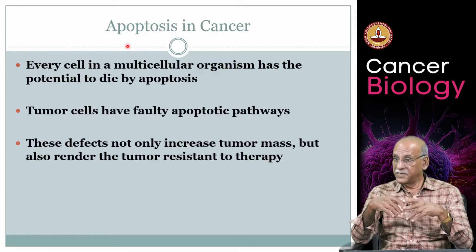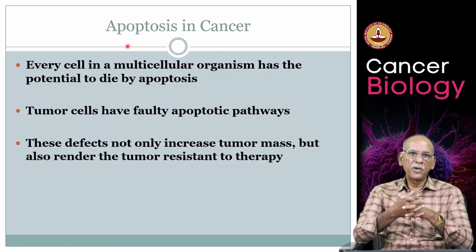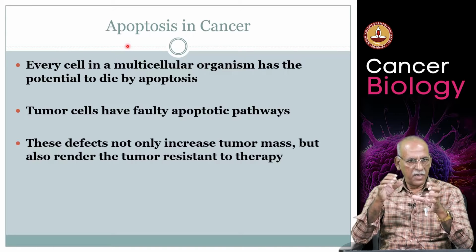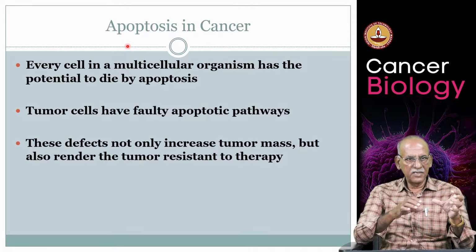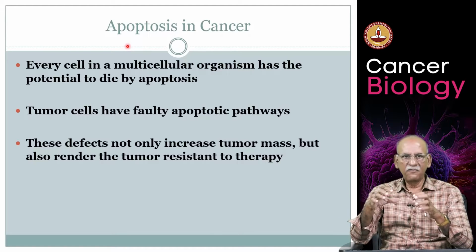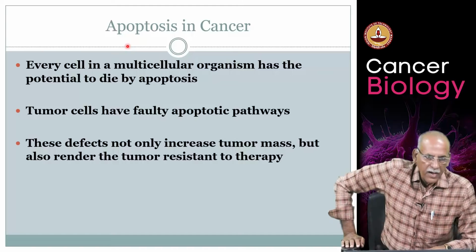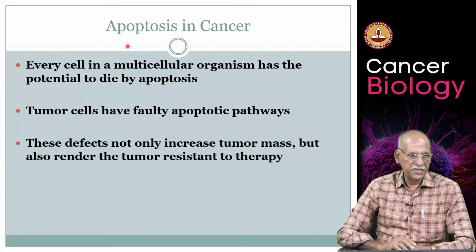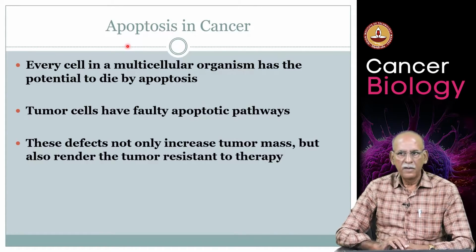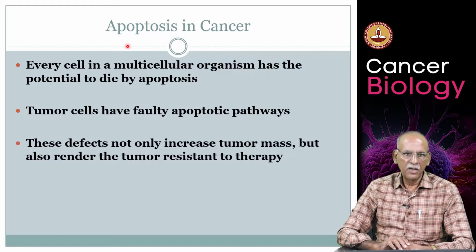So, they have developed certain mechanisms, faulty apoptotic pathways. The apoptotic pathways in the normal cells are different from the tumor cells. Tumor cells have faulty apoptotic pathways. For example, if you damage the cells with radiation, the DNA will get damaged. The normal cells will try to repair that.